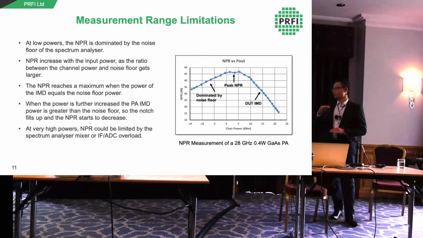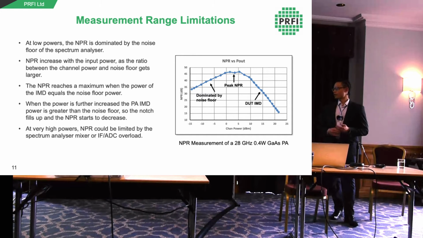This increases linearly until the intermod tones are equal to the power of the noise floor. Then we get the peak NPR, and at this point, this is your first NPR measurement. Further increasing the signal power, the NPR will decrease as the notch fills up.